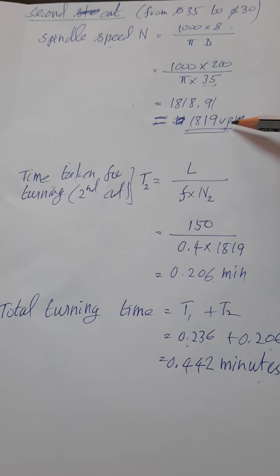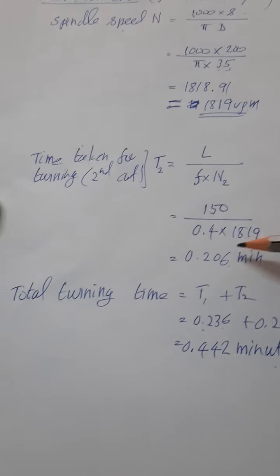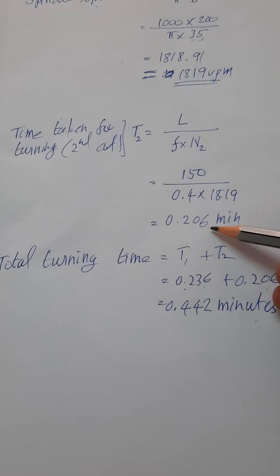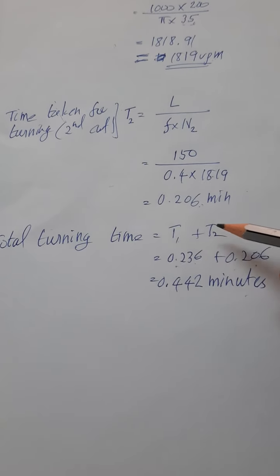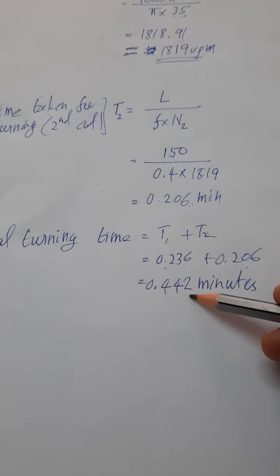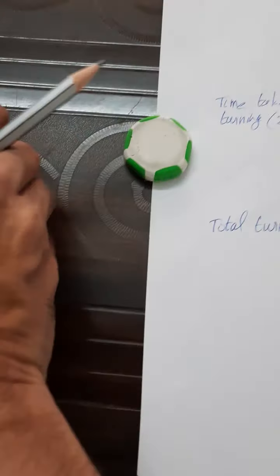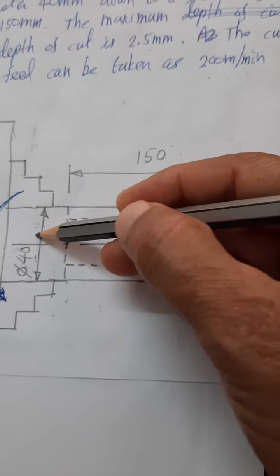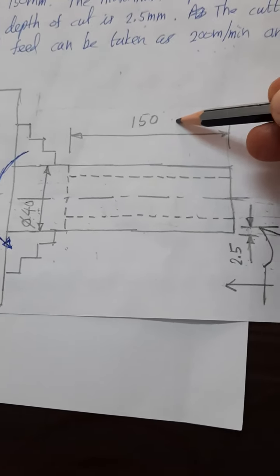So this RPM is 1819 RPM. So you substitute here to find the time taken for the second cut. It is 0.206. So when you add the time taken for the first cut and the time taken for the second cut, you get 0.442 minutes as the time taken for reducing the diameter from 40 mm to 30 mm over a length of 150 mm using 2 cuts. Thank you.